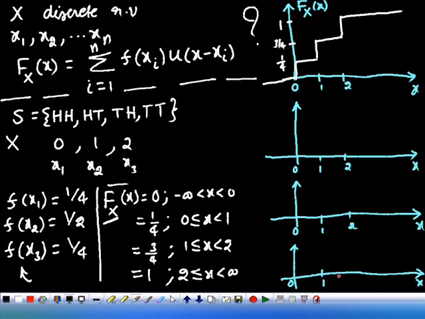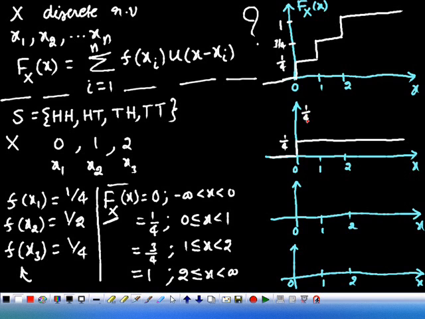Say 0 is a 1, and here I take this function whose value is 1 by 4 for x greater than or equal to 2. What do we call this?